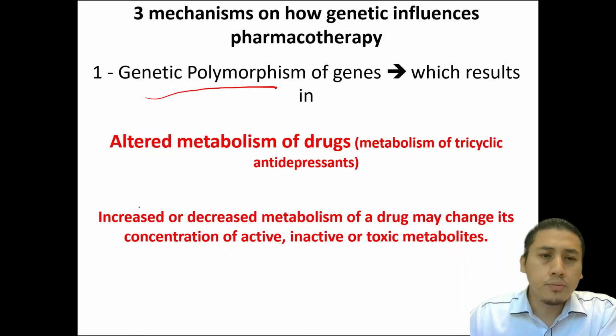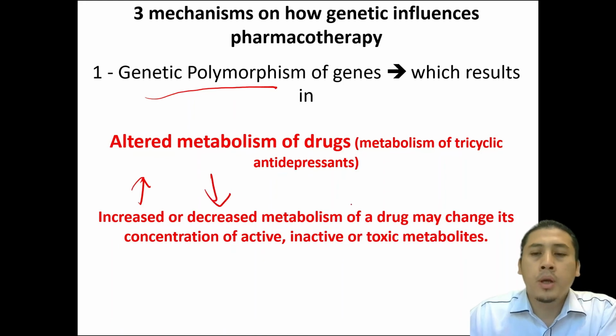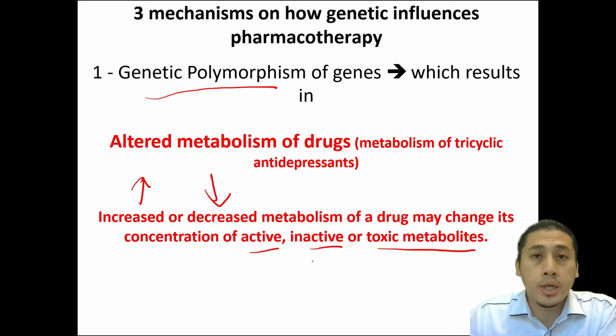So the altered metabolism can result in increased or decreased metabolism of a drug, and may change its concentration of active, inactive, or toxic metabolite. So this is what I have mentioned earlier. So this is like a wrap up. The increased metabolism can result in change of active, inactive, and toxic metabolites.